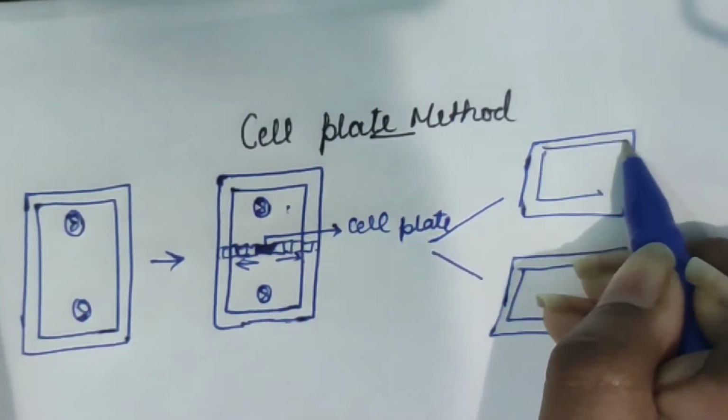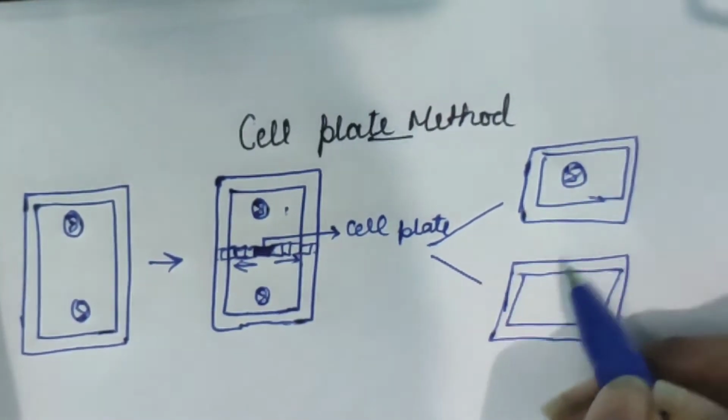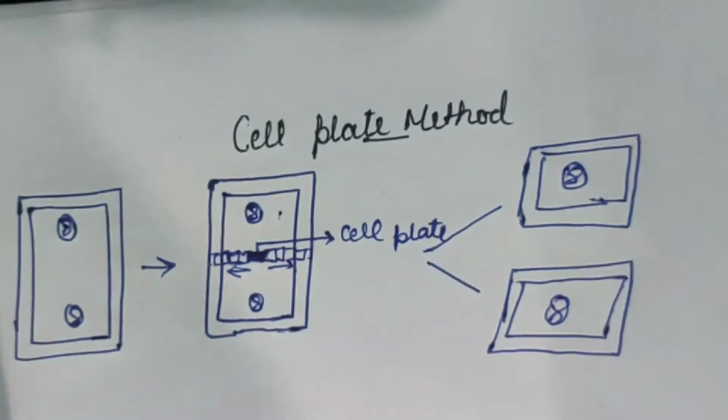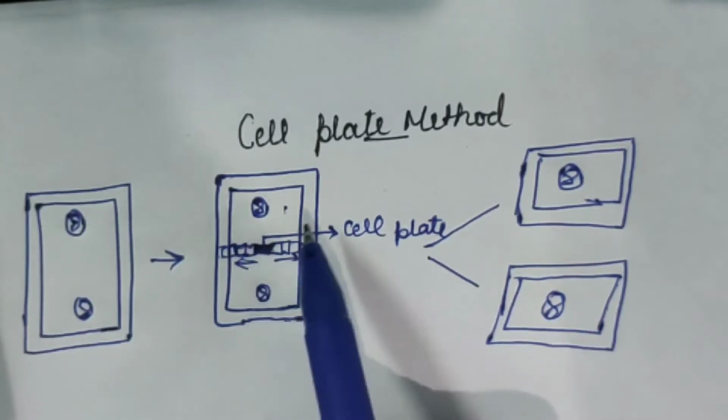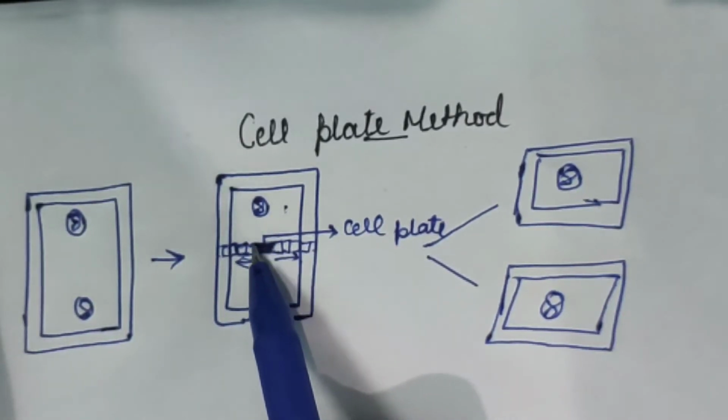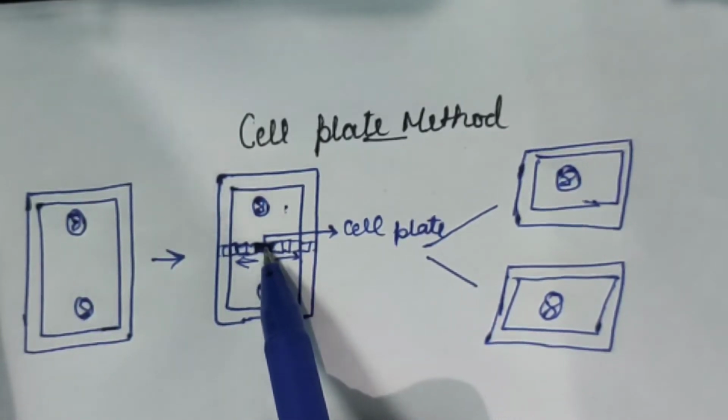So it is very easy: in a plant cell, the dictyosomes present in the cytoplasm die and start cementing at the middle of the cell.